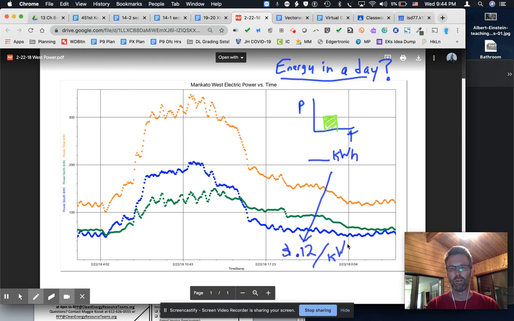So to wrap it up, your goal is to try to come up with how much energy in this particular day. And then once you know that, I'd like you to come up with how much money our school spent just for electricity on that particular day? Because now you know the price per kilowatt hour and you can tell how many kilowatt hours.